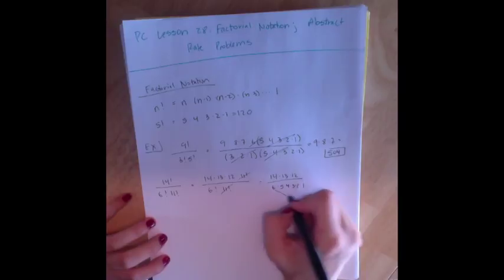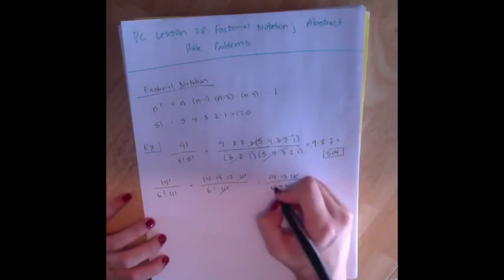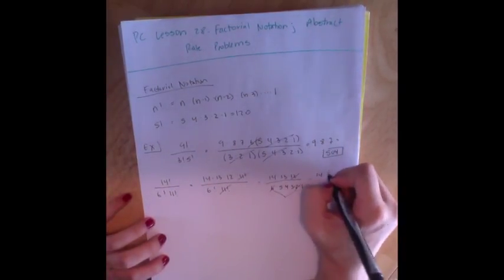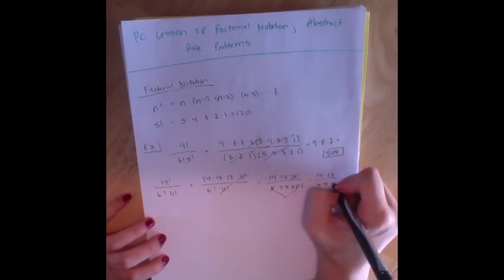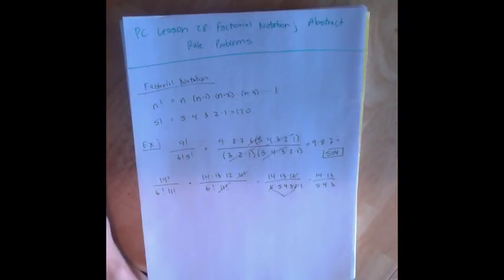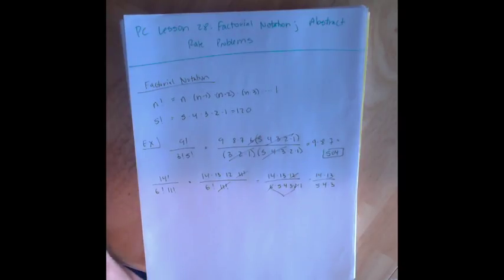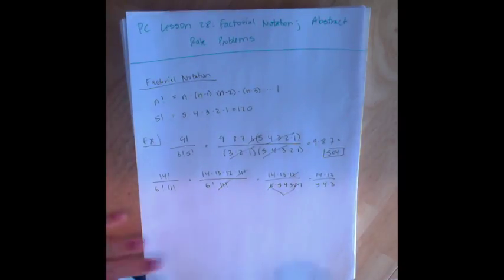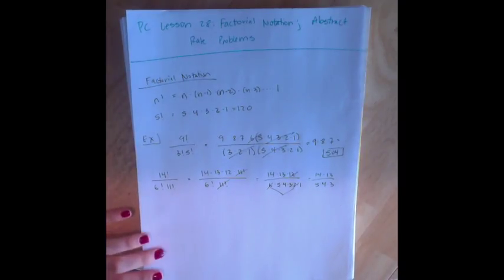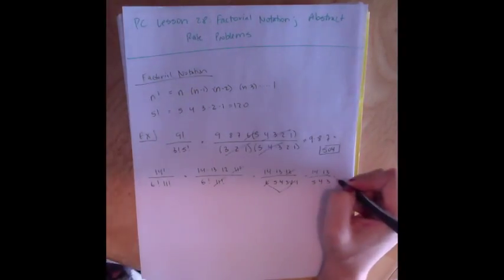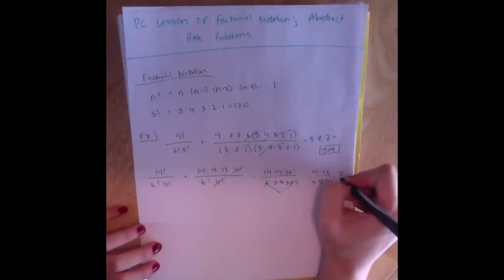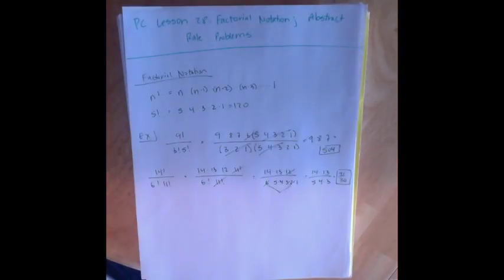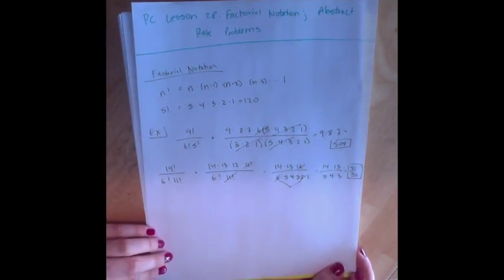Now I know that 6 times 2 gives me 12, so I can cancel that. So really I have 14 times 13 over 5 times 4 times 3, which gives me 91 over 30. Fraction. Okay, that's factorial notation. We're going to do a lot of different stuff with that further on in the book.